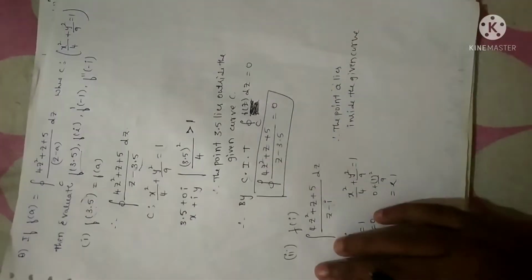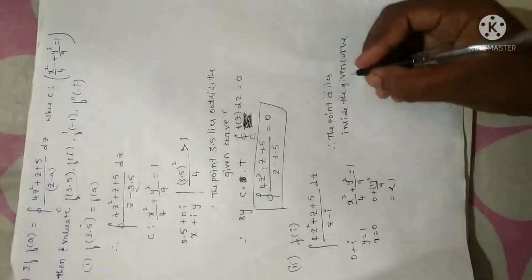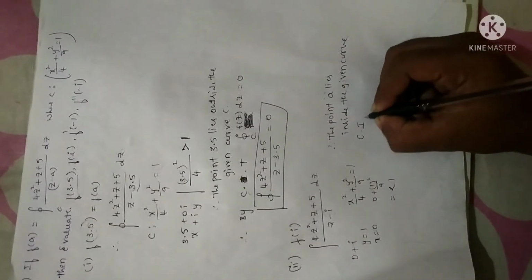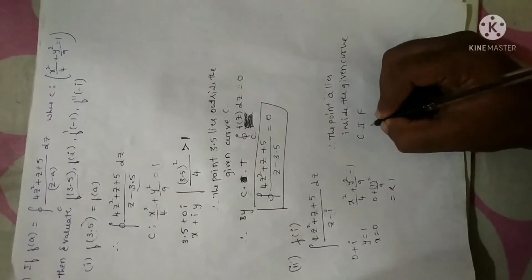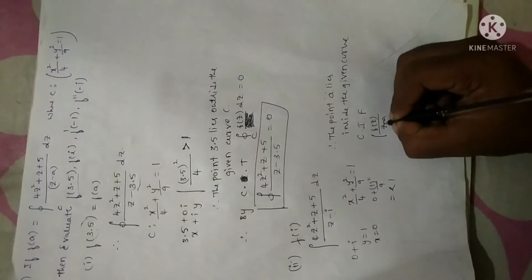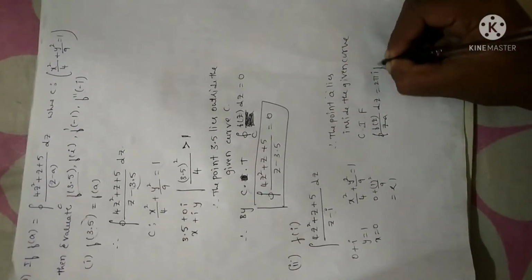So when it lies inside the given curve, we have to apply Cauchy's integral formula. Therefore, by Cauchy's integral formula, the integral of f of z divided by z minus a into dz will be equal to 2 pi i into f of a.